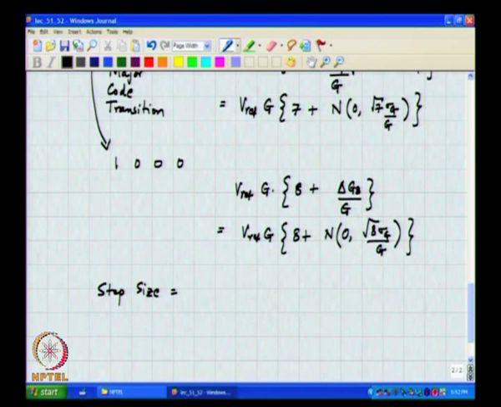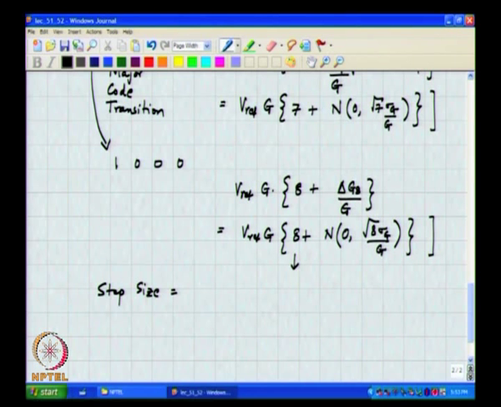Vref into, I mean, this is a random variable, this is another random variable, right. You subtract the two random variables, okay. I mean, you can think of this as a Gaussian random variable with a mean of 8 and a sigma of square root of 8 times sigma g by g and so on.